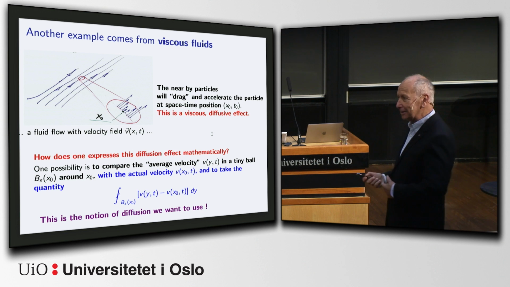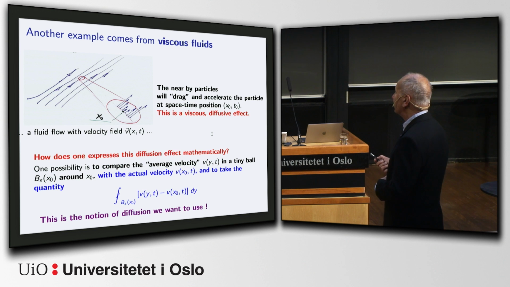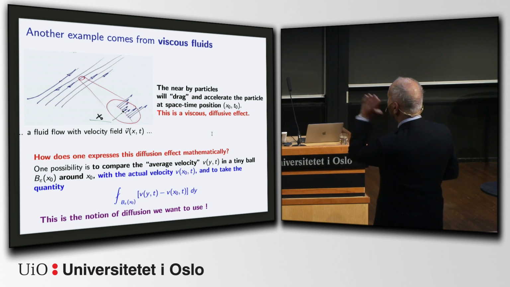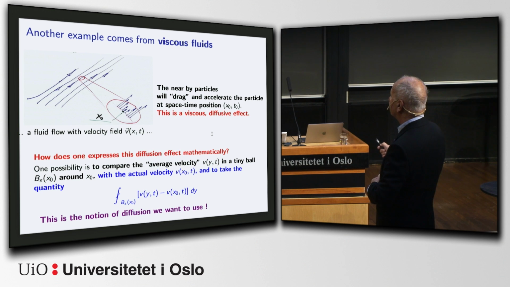But this mathematically is very close to the first example. So we have this movement here, and if you cut the translation, then the picture that you see is this distribution.